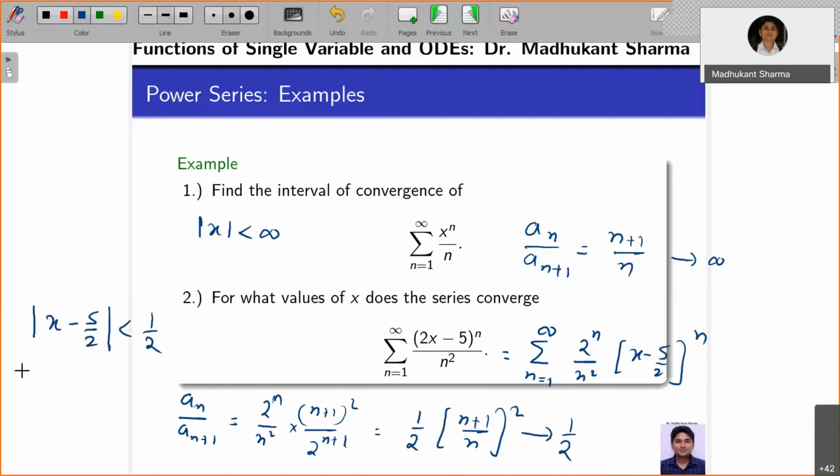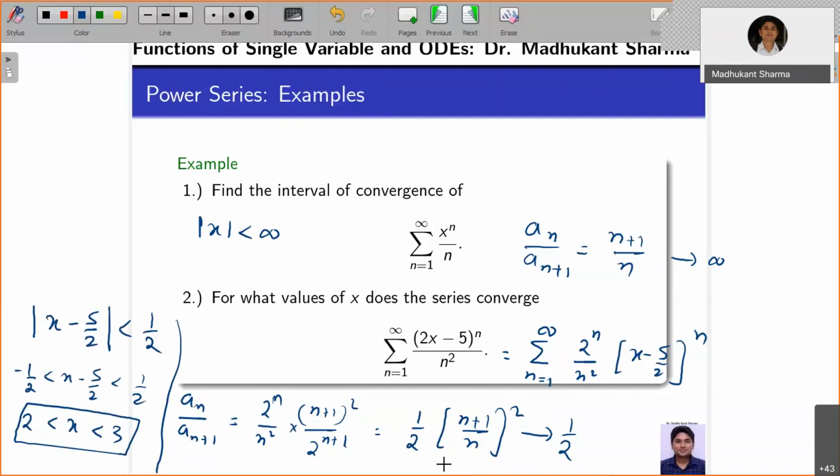So this implies minus 1 by 2 less than x minus 5 by 2 less than 1 by 2. Certainly this is going to be 2 less than x less than 3. So in the interval 2 to 3, it will surely converge absolutely.